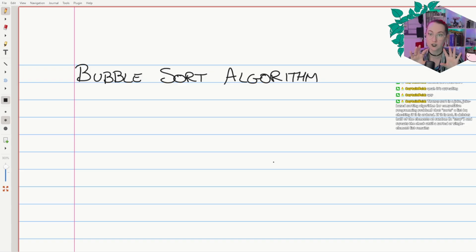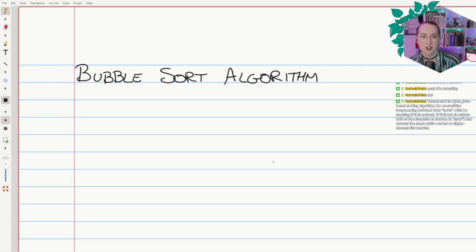So you've got the visual aid of the things being lit up that it's comparing, and then you can hear it as well, which is really cool. It did not help at all in me figuring out what the algorithms were, but now that I understand them, it's nice to see and be like, oh yeah, that's what that's doing. I get what's happening in that now, which is lovely.